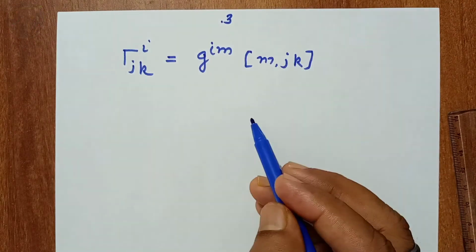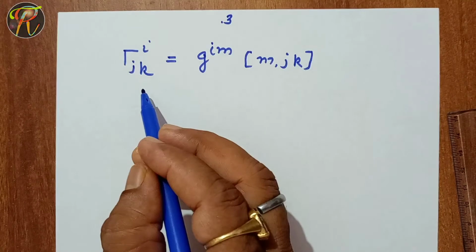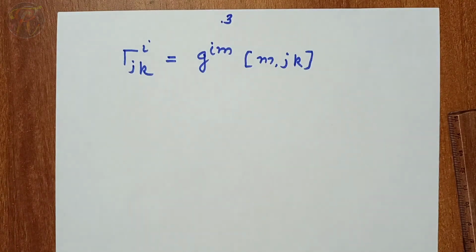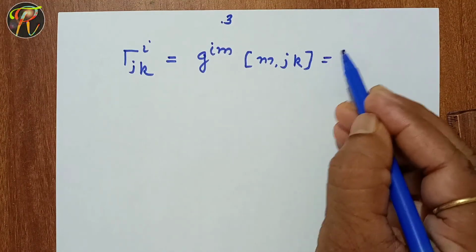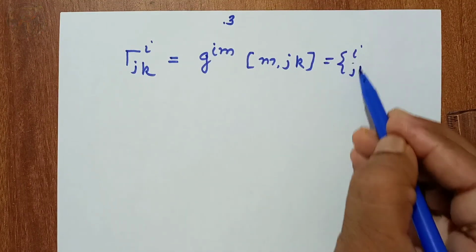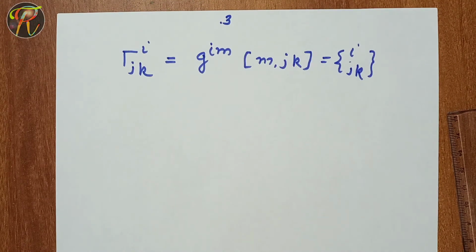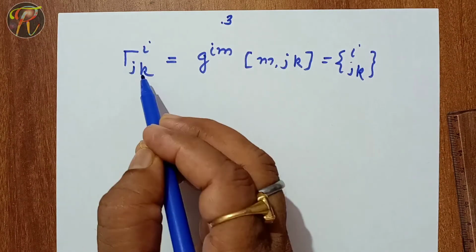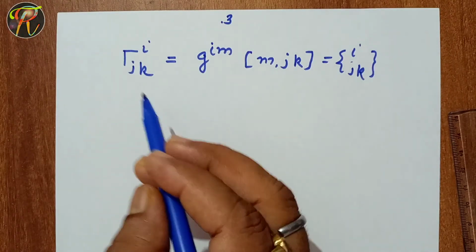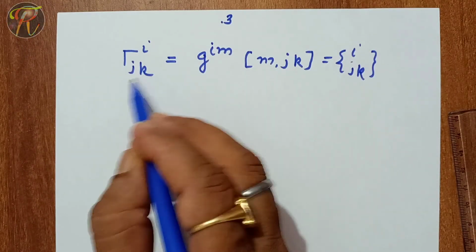Means with the use of Christoffel symbols of the first kind, we get Christoffel symbols of the second kind. It is denoted by the curly bracket or gamma^i_jk. In the second kind, one index i is upper and j, k are lower indices.